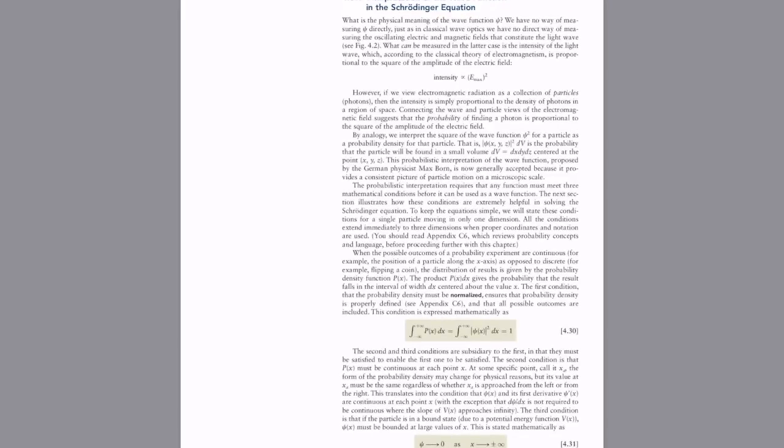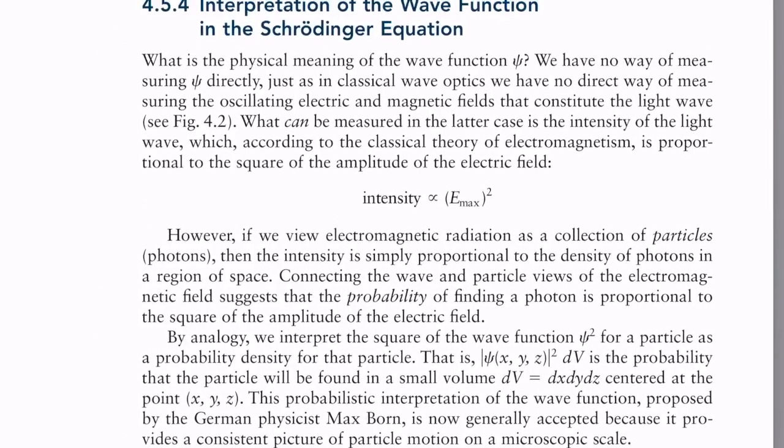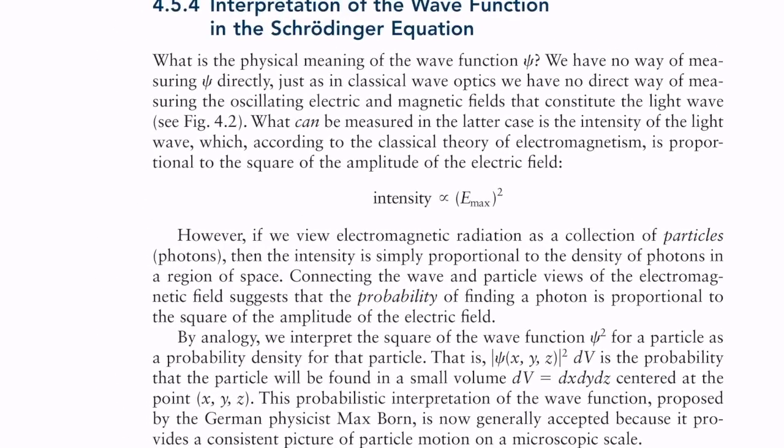So now we come here to a further interpretation. When we have light, there's the amplitude of the electromagnetic field and the intensity of the light. We know that the intensity is proportional to the square of the amplitude of the electric field.